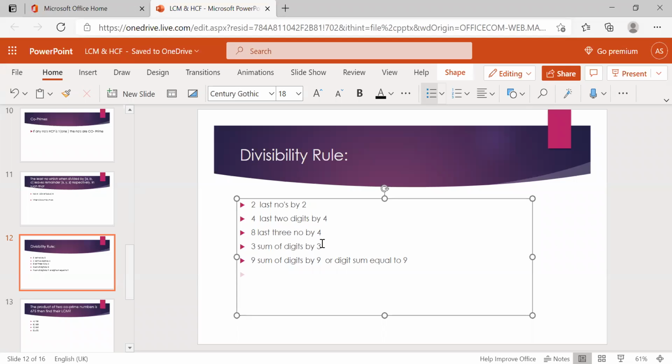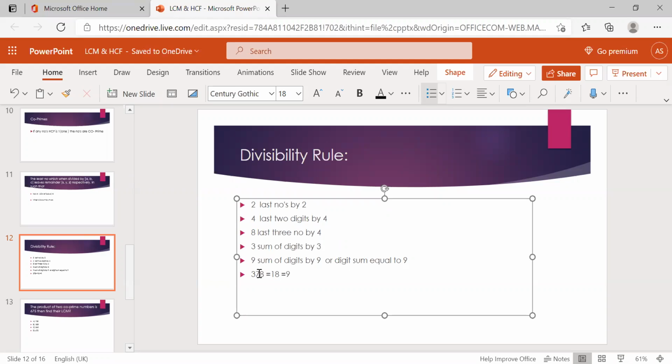What's the digit sum? If you add all the digits of a given number down to a single digit, that is called the digit sum. Suppose I have 4378. The sum of 4, 3, 7, 8 is 22. Or the digits 3, 7, 8 sum to 18, and adding 1 and 8 again gives 9.